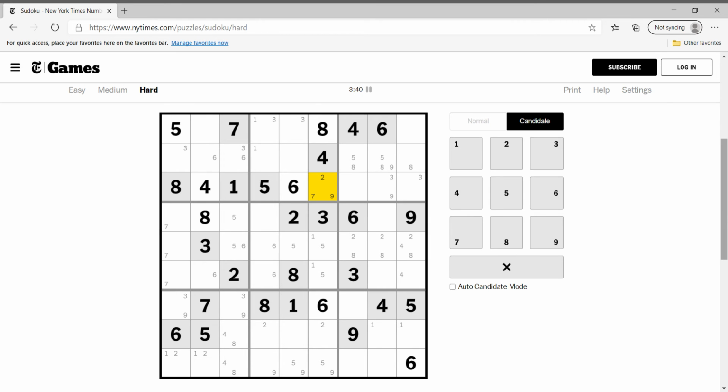Okay. This cell right here. So it cannot be. Can be 2, right? Cannot be 4, 5, 6, 7, 8, or 9.